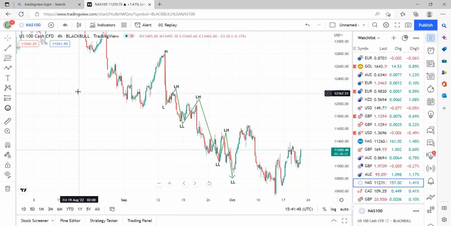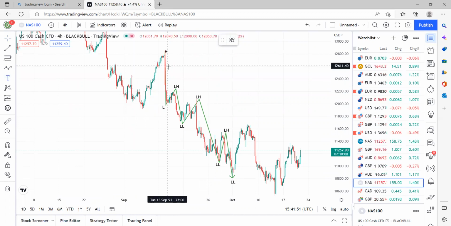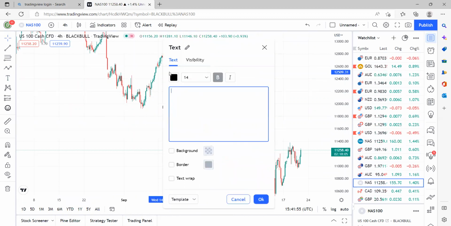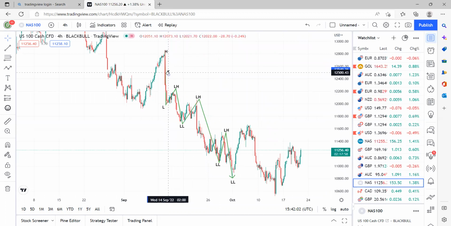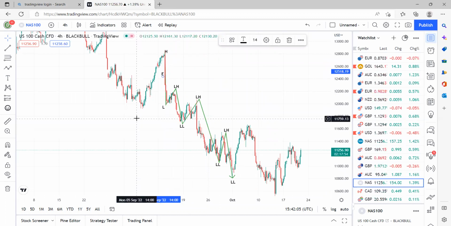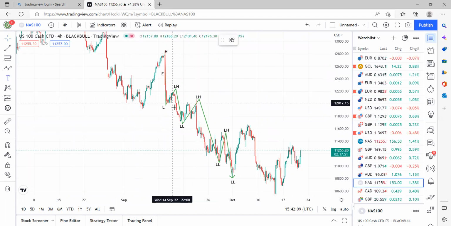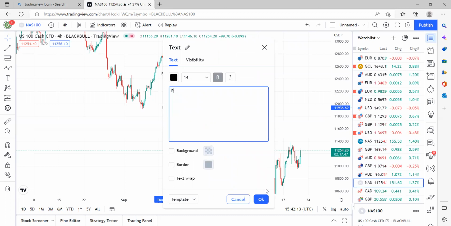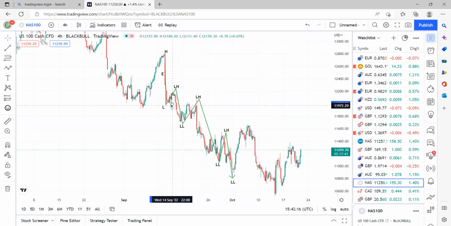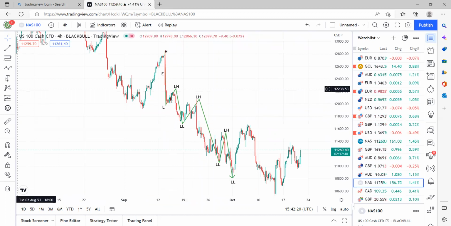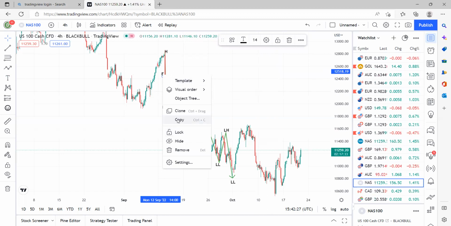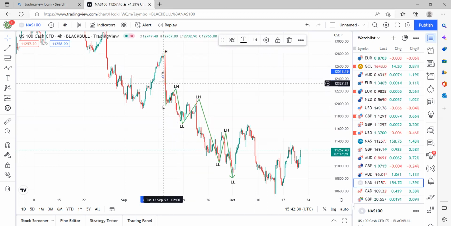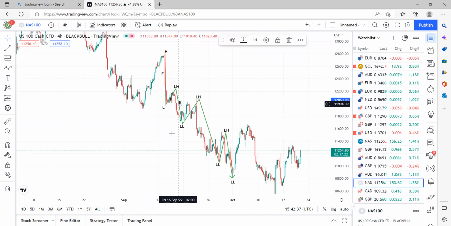We have our lower low here. And then again, we can label the basics of what we're talking about here, which is our expansion, impulse, and then retracement, which is our correction. Again, here we have our impulse.